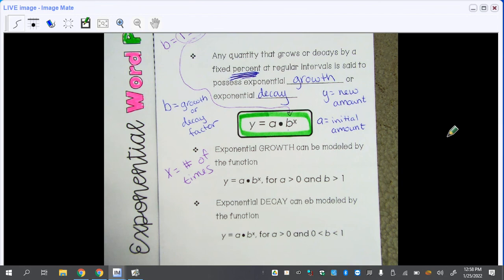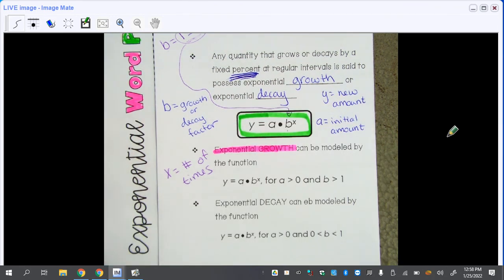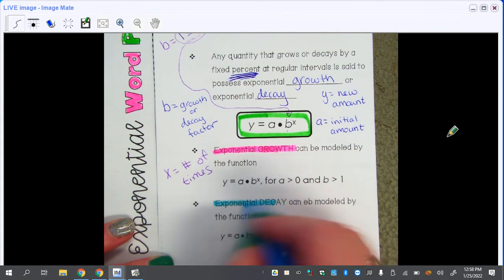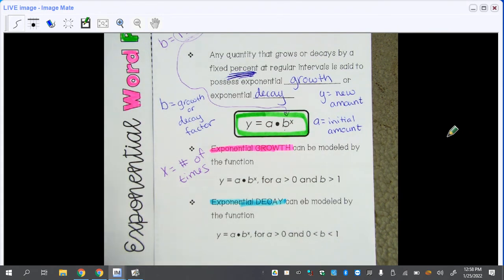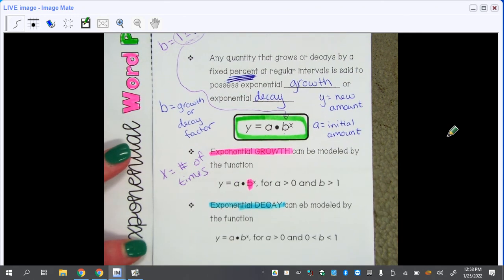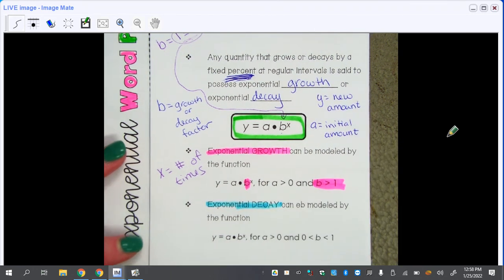A lot of times the questions they like to ask want you to look at the equation and figure out if you have exponential growth, or be able to tell us that it is exponential decay. The way we figure out whether it's growth or decay is by looking at that B value, the one that has the x attached to it. If it is greater than 1, it is a growth problem. So 1.05, let's say you had a percentage of 5%, that would be growth.